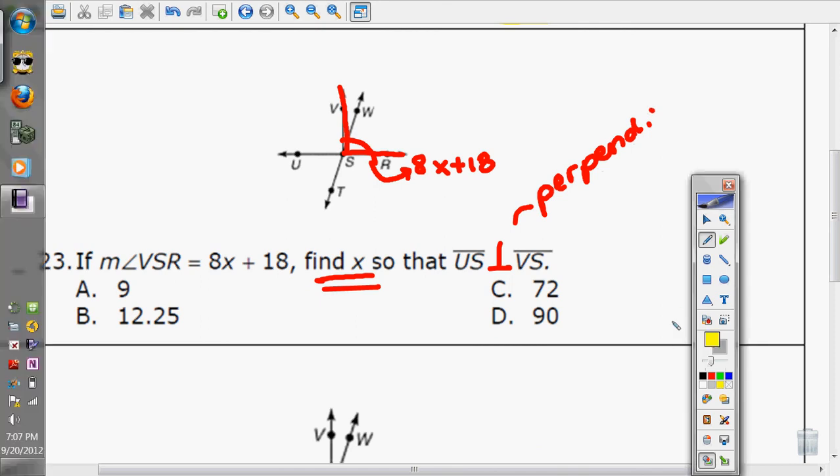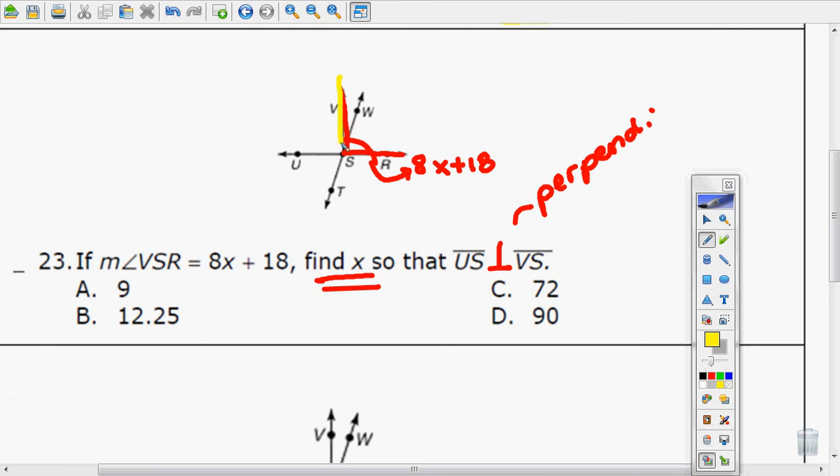The fact that they told us that they're perpendicular, now I can definitely say that this angle that appears to be right is definitely right because of the information that was given.